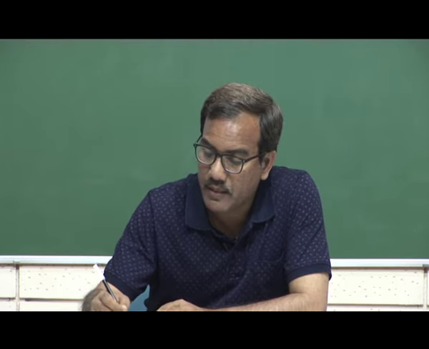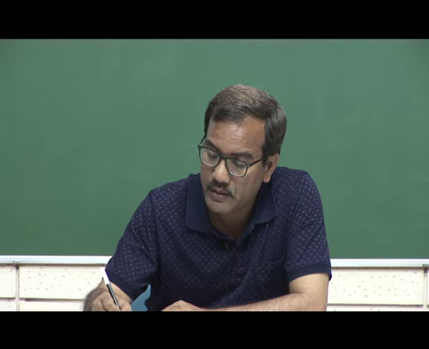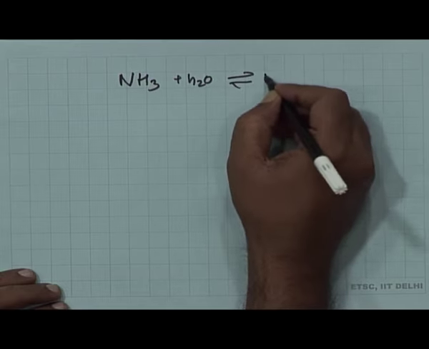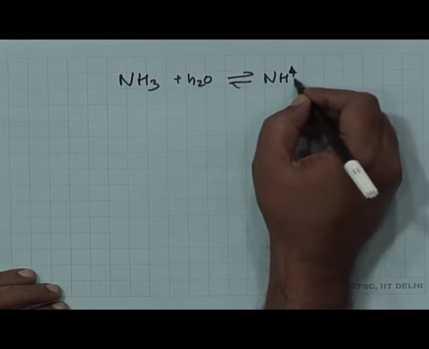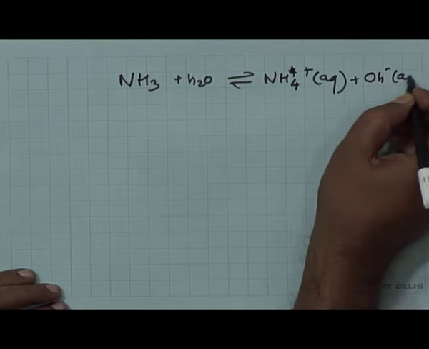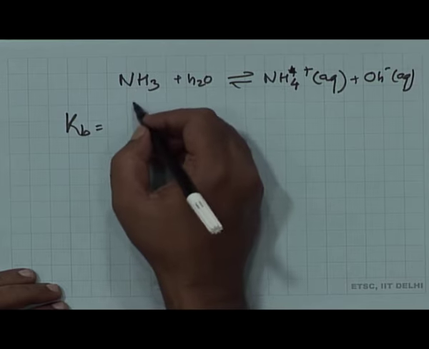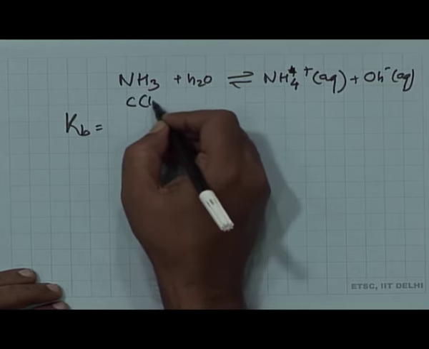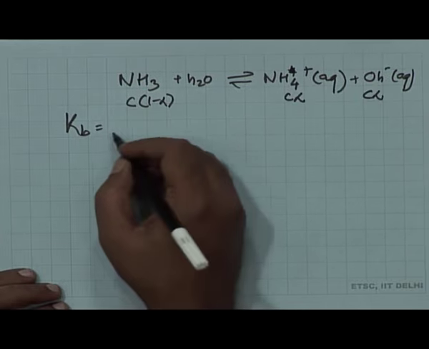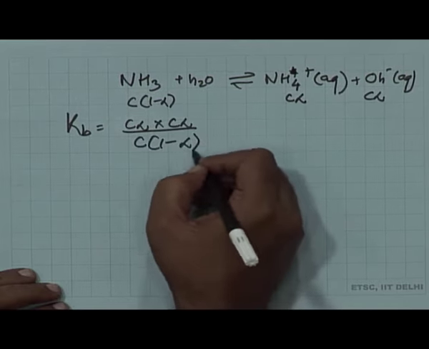Now, similarly, we can take another example of a weak base. For example, we can start with ammonia solution, giving NH4 plus aqueous plus OH minus aqueous. So, Kb is equal to, similarly here we can write C(1 minus alpha), which is almost constant, C alpha, C alpha. So, C alpha into C alpha divided by C(1 minus alpha).